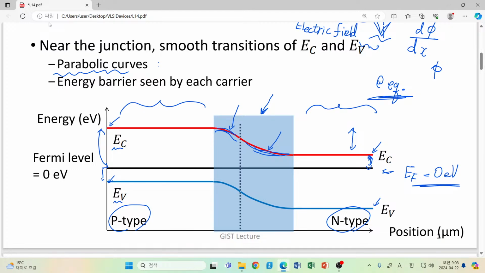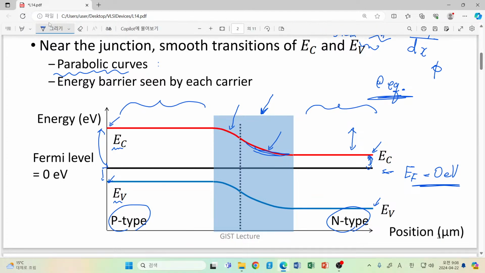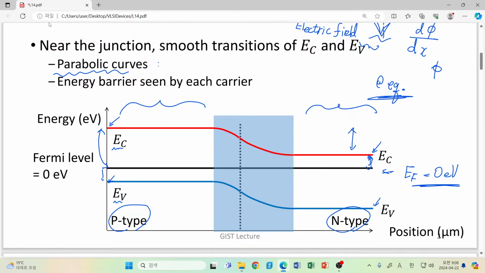So in between, the form of the conduction band minimum or valence band maximum is actually difficult to draw by hand, because the exact value should follow the numerical values.